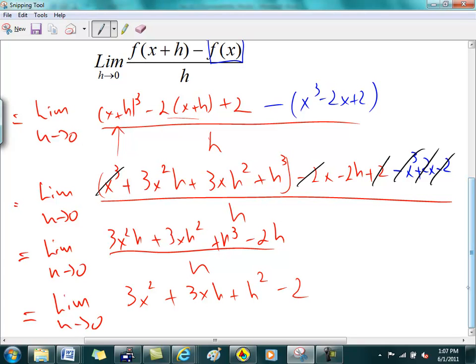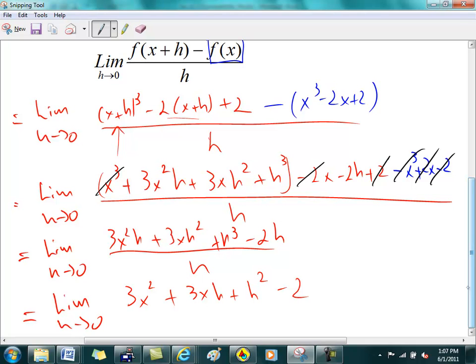Now, is there a problem with substituting h equals 0? Sina is saying no. Why not? Yeah, Keith. Not the real reason. Yeah, Maria? That's right. There is no denominator, so we don't have to worry about the denominator going to 0.